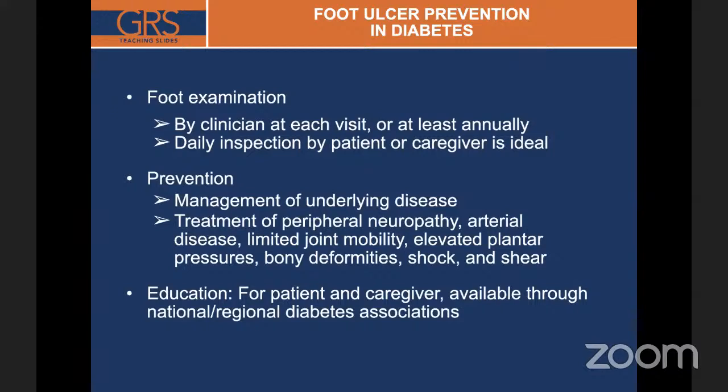All these can reduce foot ulcers in diabetics. And the most important part, I think, is education. Education for the patient and caregiver can reduce the risk of foot ulcer and amputation. The education is available through national or regional diabetic associations and at diabetic clinics. I think this is the most important part in prevention of diabetic foot ulcer.